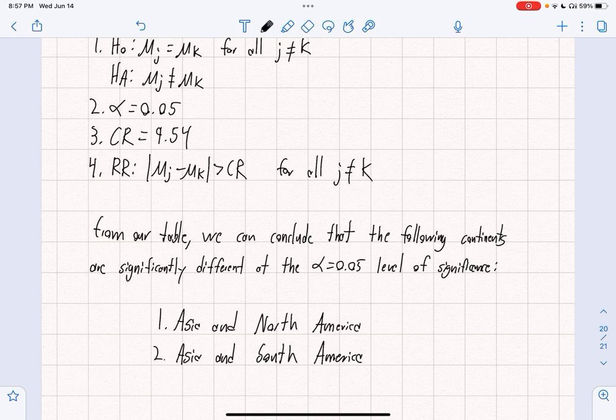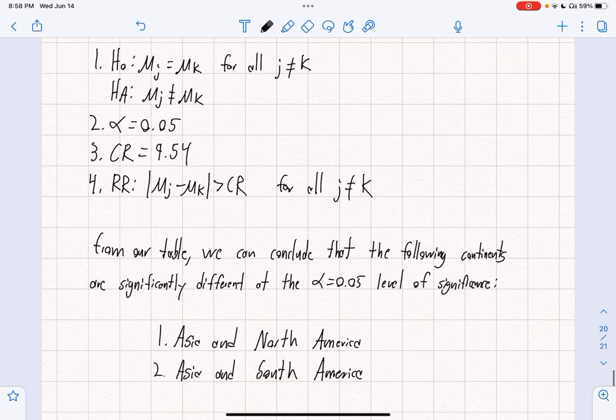We determined that at least one pair of continents was different from one another. And so we moved forward with the Tukey-Kramer procedure to account for the multiple comparison problem. And when we did that, we saw that Asia and North America were different, and Asia and South America were different. And that's the entire process of ANOVA. We're going to do this example that we've been doing in the notes in the Excel lab.